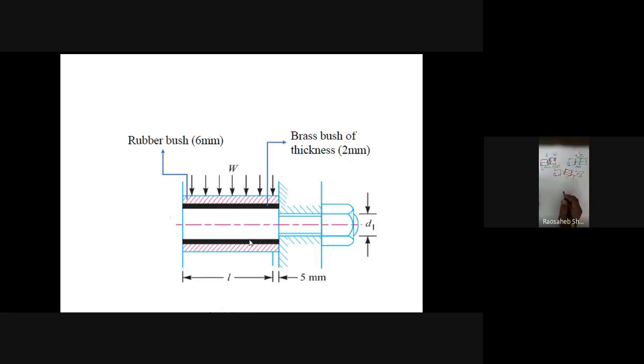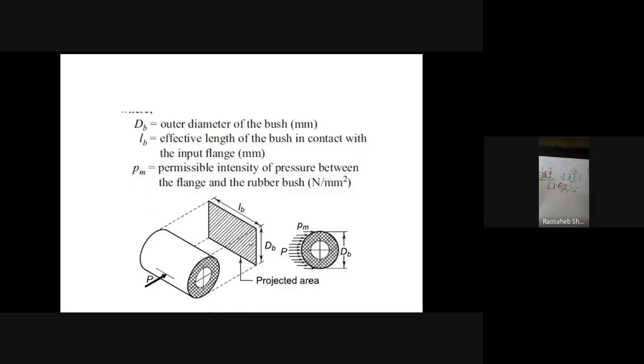Here it is assumed that the power is transmitted by shear resistance of the pin. Now here is the figure of how that is transmitted, or how the analysis is done. You have to concentrate on that rubber bush.